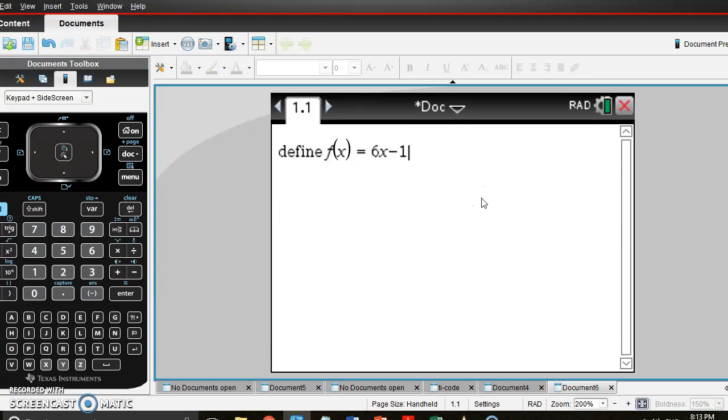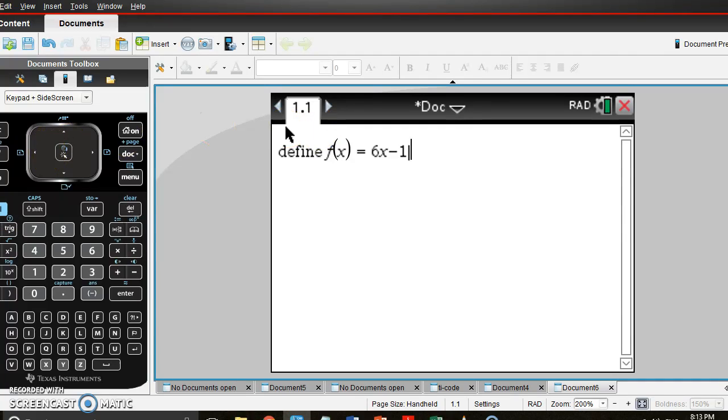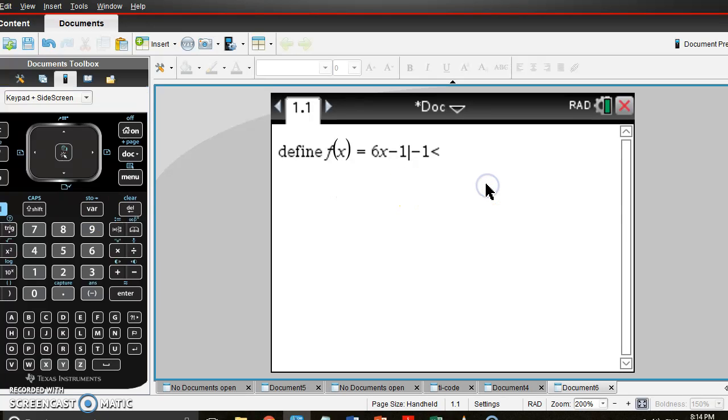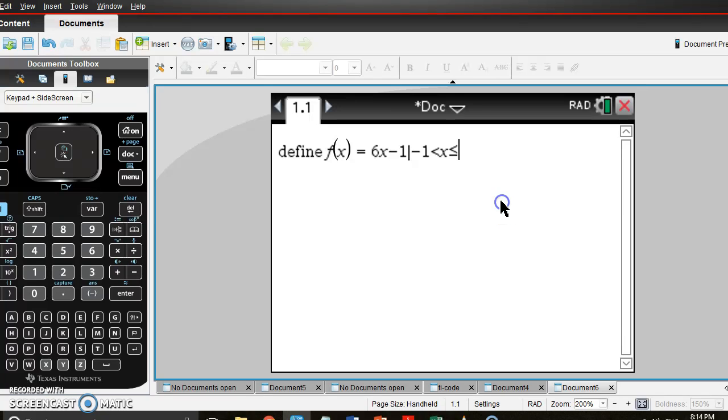Given, now we check our domain, -1 to 3. We use the same key, so it's negative, where -1 is less than x, which is less than or equal to 3.